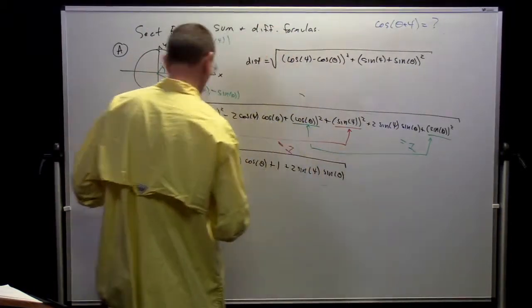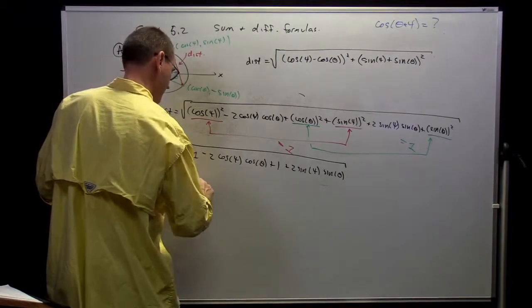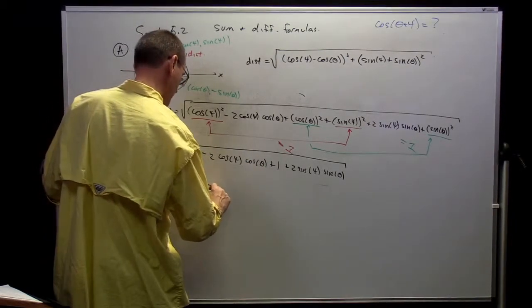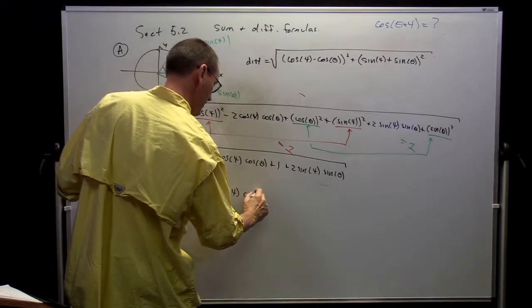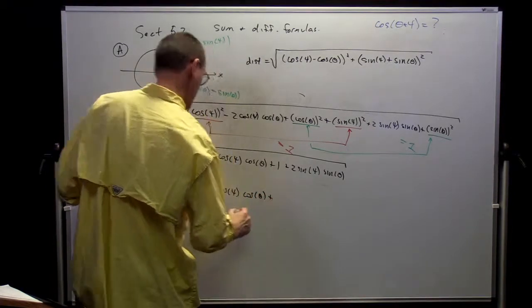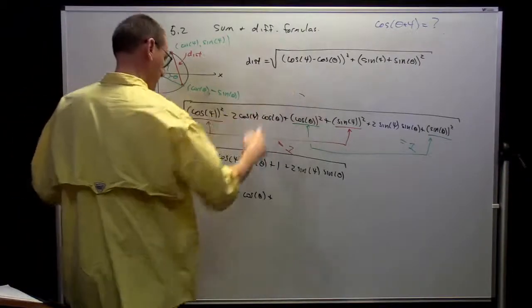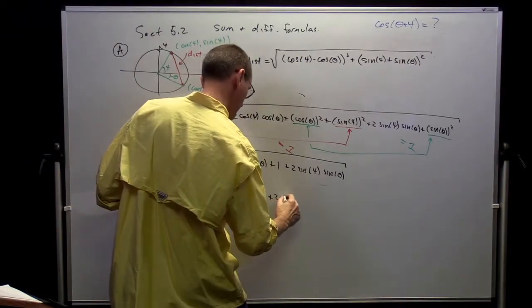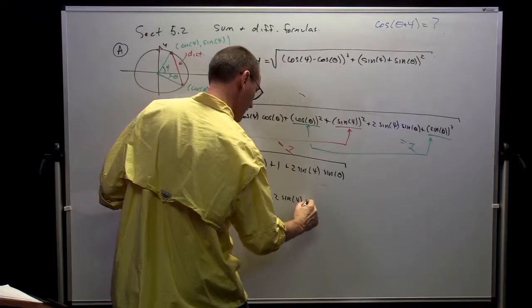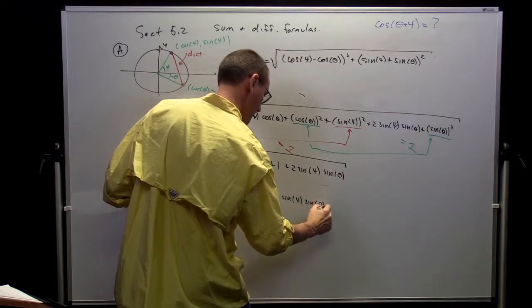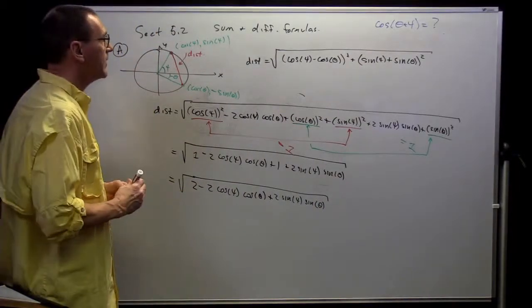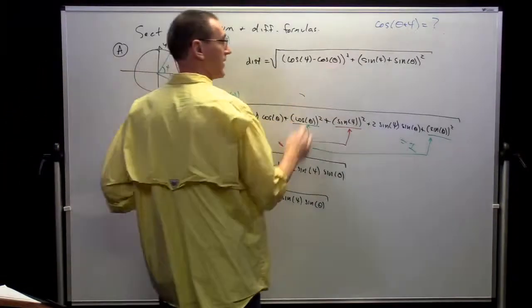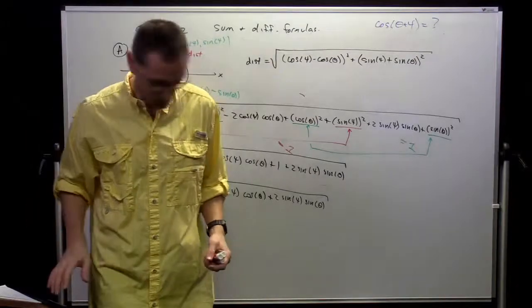Okay, and this becomes what? 1 plus 1 is 2, minus 2 cosine of psi cosine of theta, is that minus correct? Yes, plus 2 sine of theta times sine of psi. Okay, so let me replace that with that, because we need to come back and use that again later.